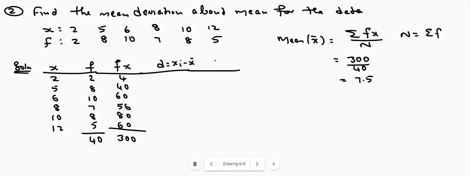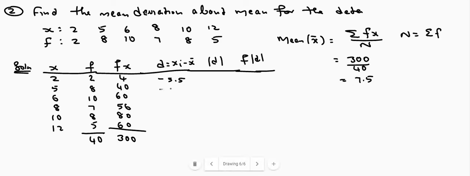After that we find the absolute value of the deviation, that is modulus of D. Finally F into mod D. Then x minus x bar, that is 7.5, we have to subtract: 2 minus 7.5, we get minus 5.5.